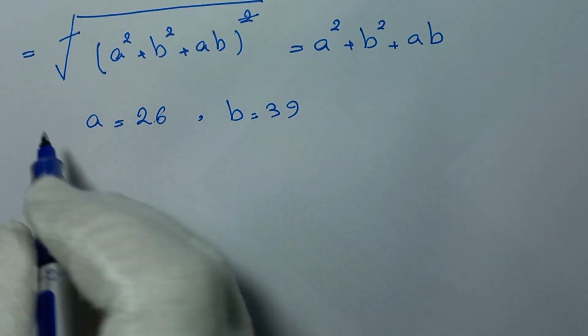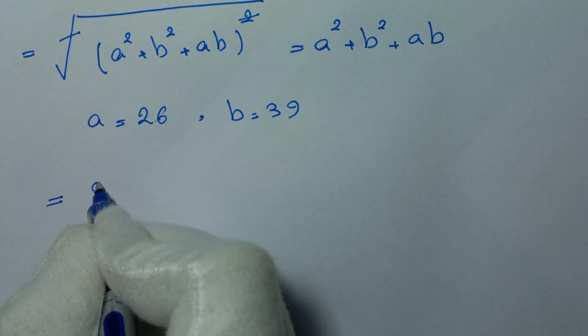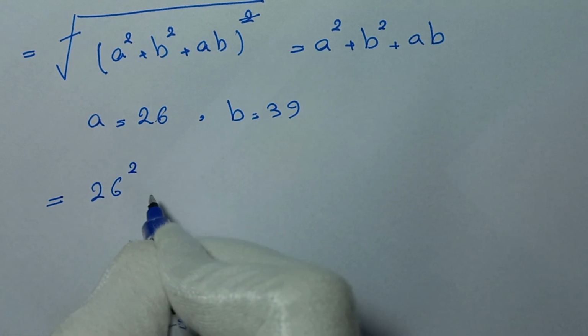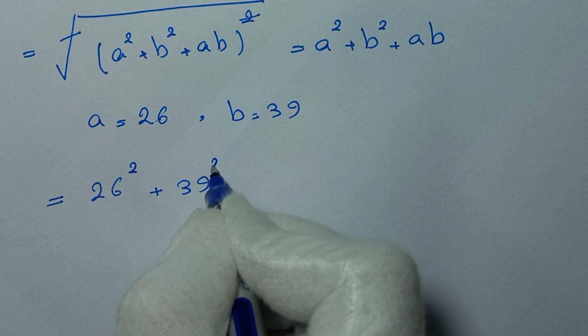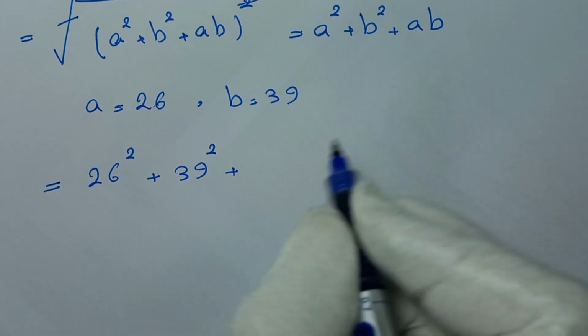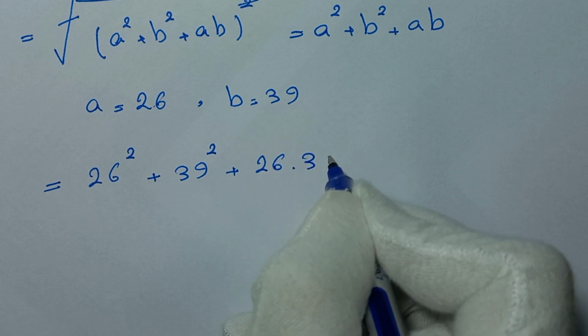So this is equal to: here we have a square, it will be 26 to the power of 2, plus b square, it will be 39 to the power of 2, plus a times b, 26 times 39.